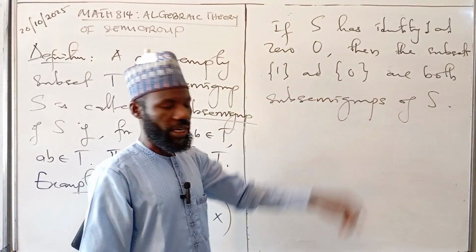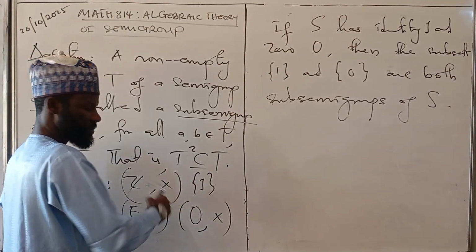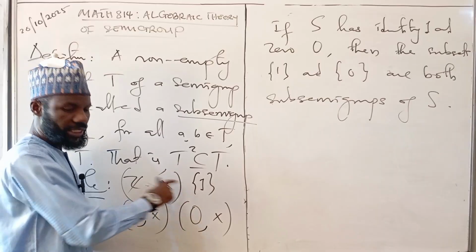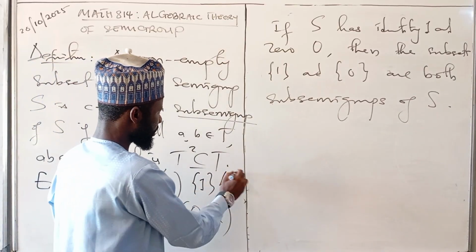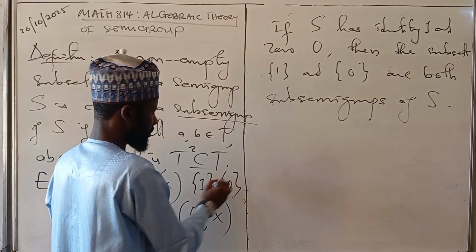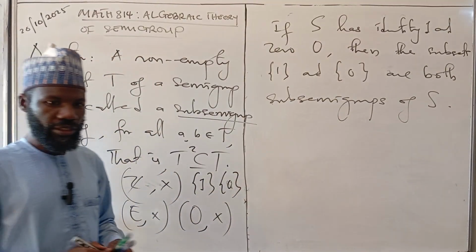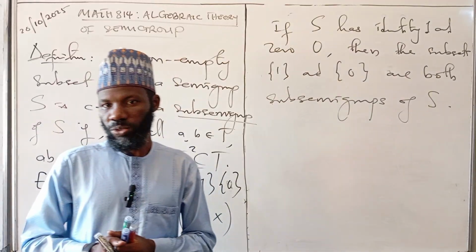If zero is there, we have a subsemigroup. So if S has an identity, it has a singleton subsemigroup, and it also has zero. If you take the zero alone, you also get a subsemigroup. Do you get it? So these are trivial examples of subsemigroups.